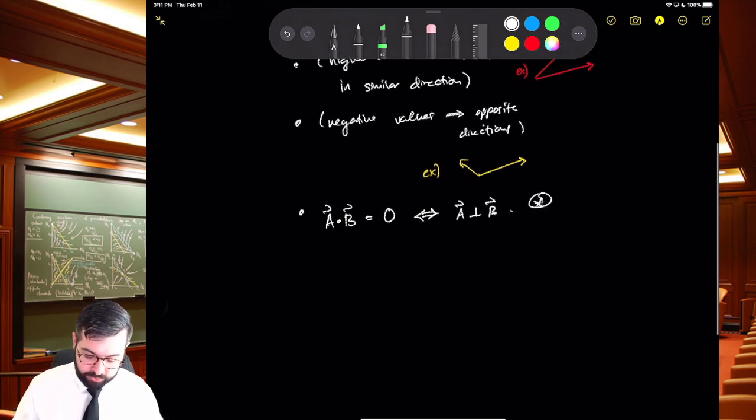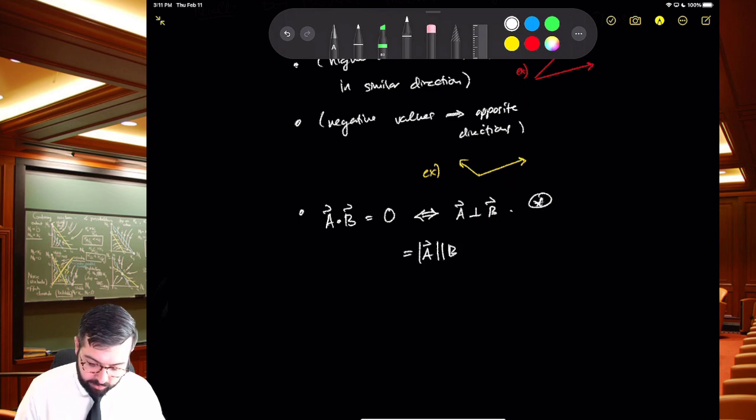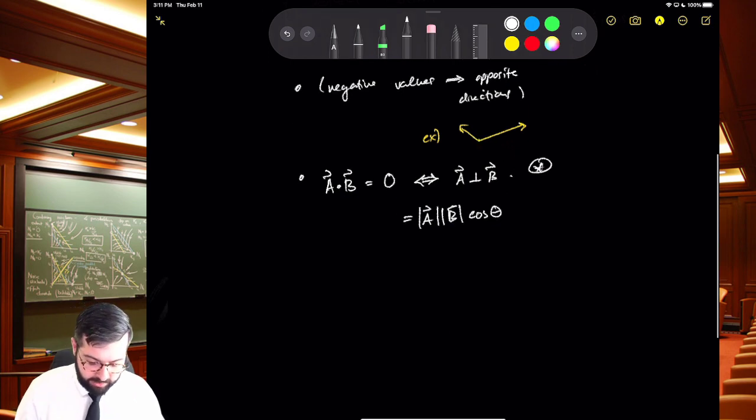So put kind of a star next to that theorem there. And that we know that it's really equal to the product of the magnitudes times the cosine of theta using this typical multiplication. And it results in what type of number? The dot product ends in a... Scalar.